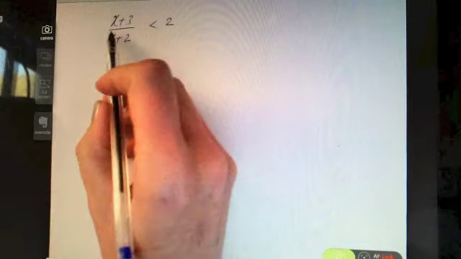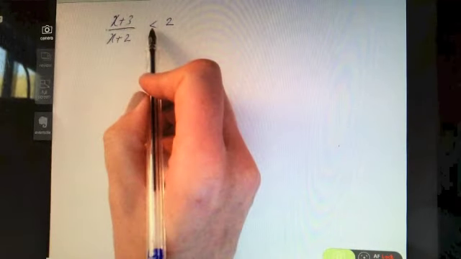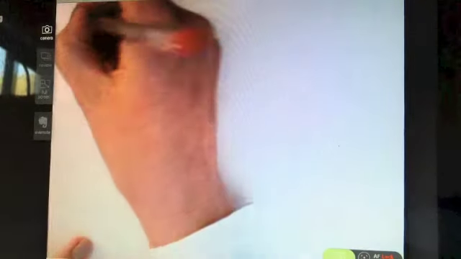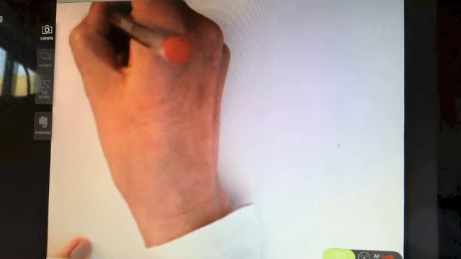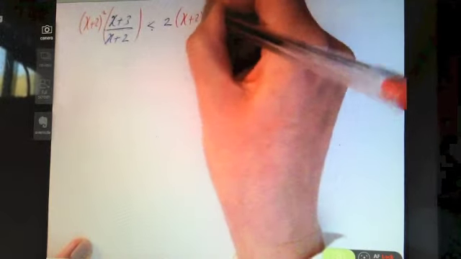Right, so again, what we need to make sure of, we want to get rid of the denominator, but we mustn't flip the inequality. So to make sure we do that, we'll multiply by that denominator squared. And that will cancel with one of those.